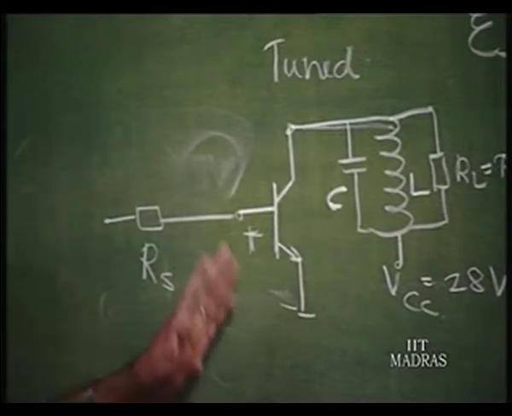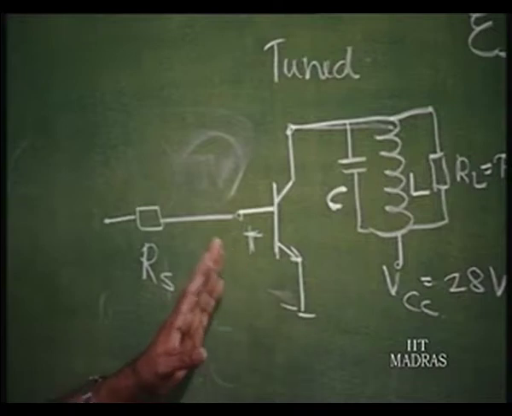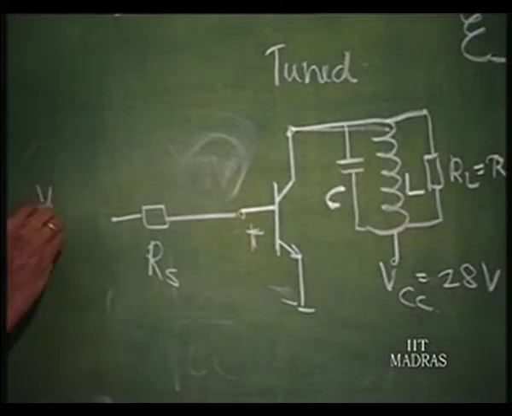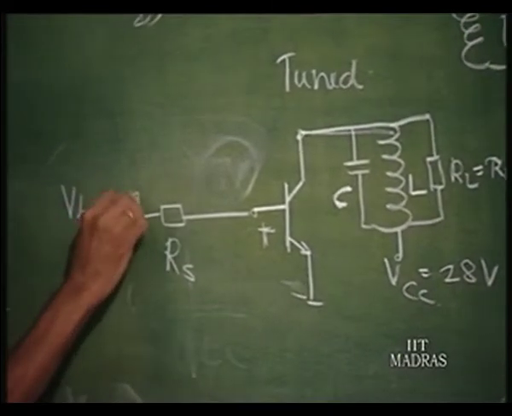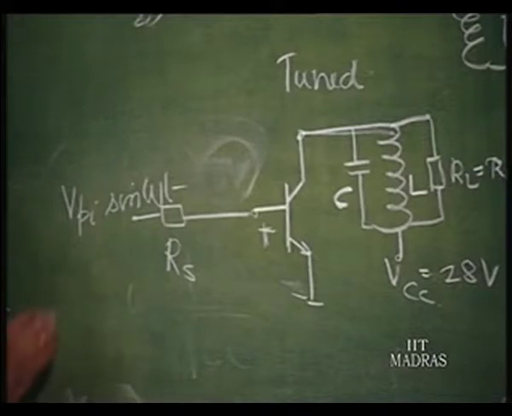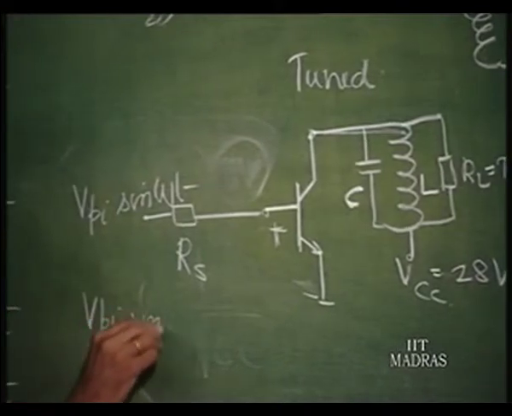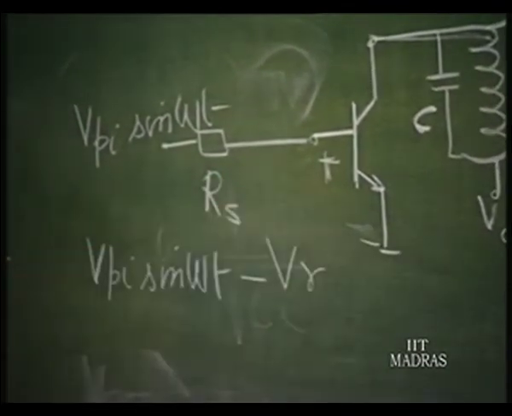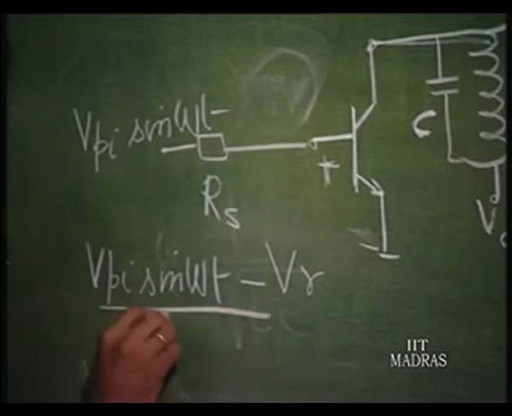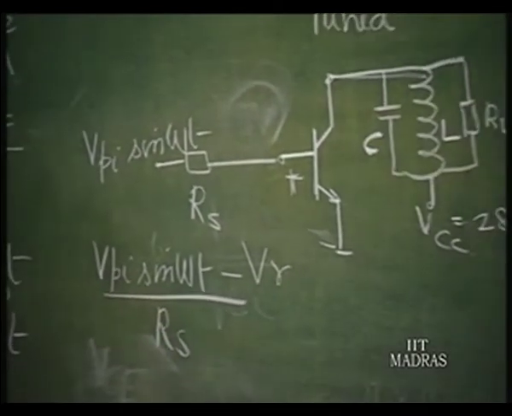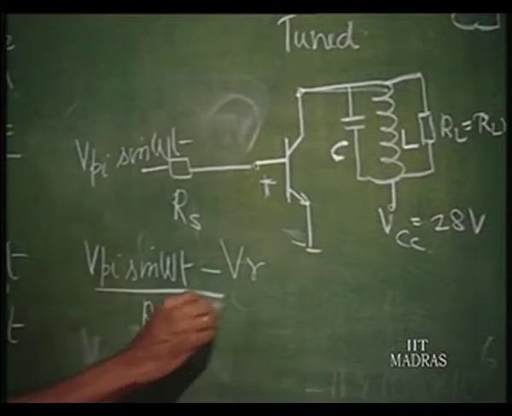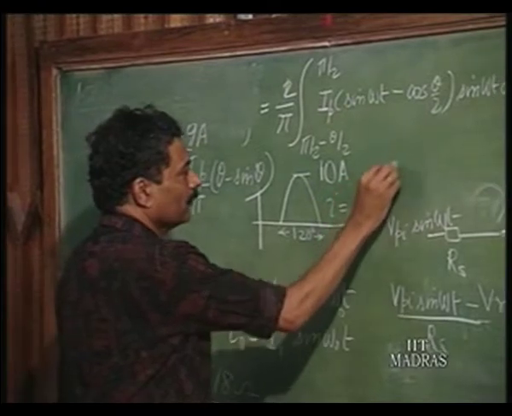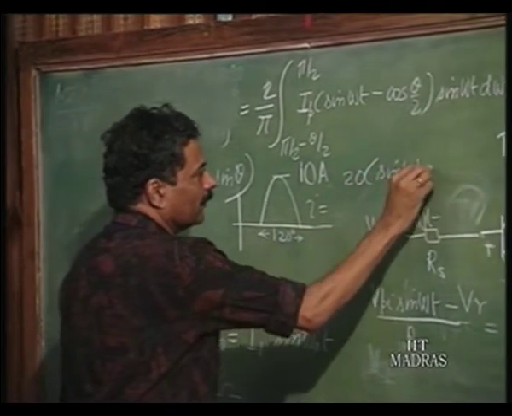If you know the input characteristics, you can design the input drive more exactly than this. So, we will now put here a V_PI sin omega t waveform, which will look like this: (V_PI sin omega t minus V gamma, that is when it starts conducting) divided by R_S should be the current waveform, which is nothing but this 20 sin omega t minus half.